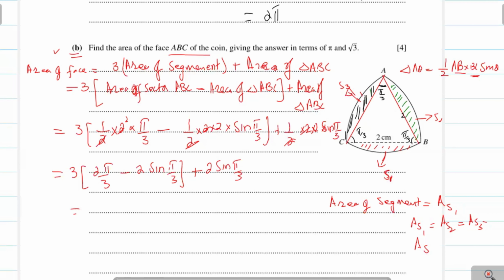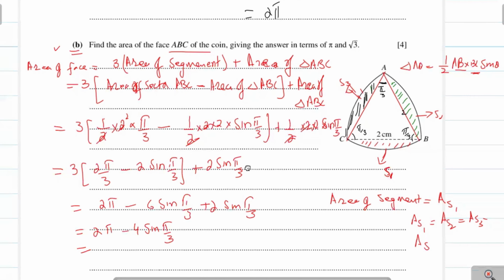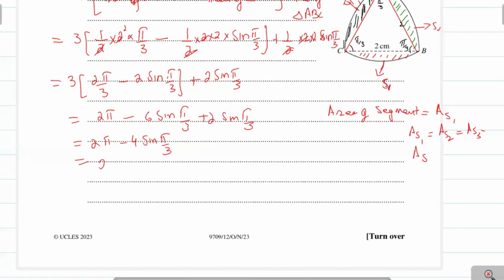Now we can write this as 2 pi minus 6 sine pi over 3 plus 2 sine pi over 3, and we can write 2 pi minus 6 plus 6 sine pi over 3 plus 2 sine pi over 3, that's 4 sine pi over 3, and this will be equal to 2 pi minus 4 into sine pi over 3, which is root 3 over 2.